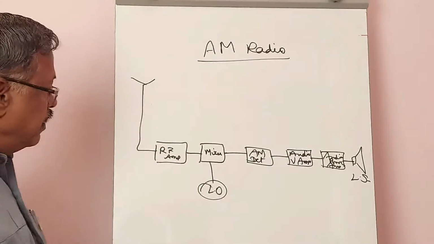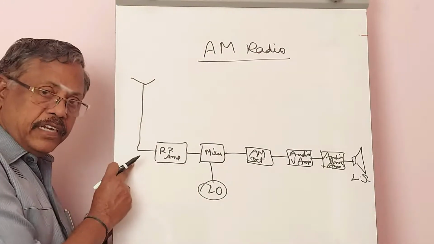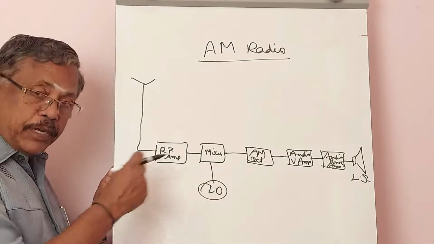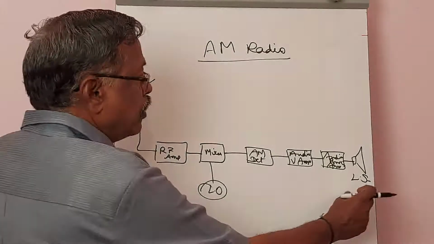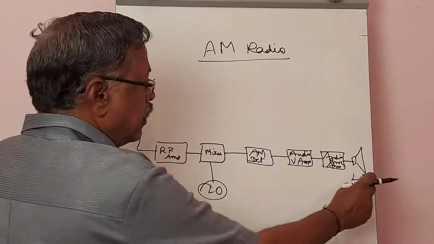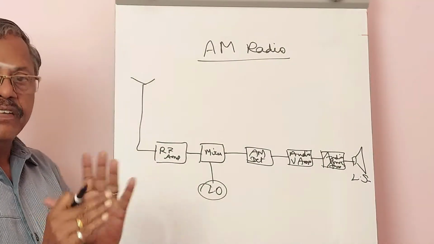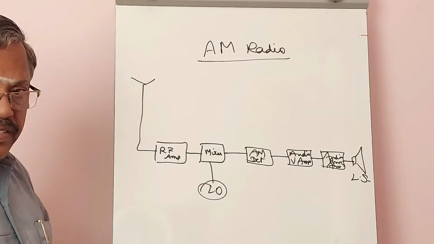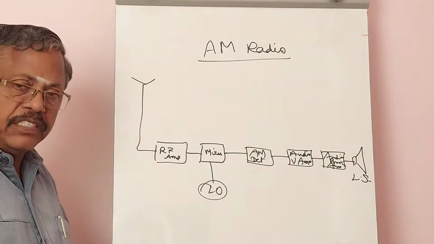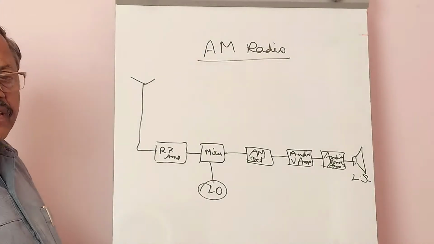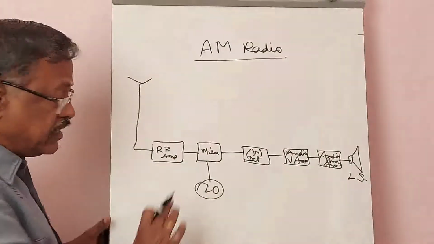We are supposed to receive the modulated signal through the antenna, and we should process the signal, ultimately leading to the audio signal being produced in the loudspeaker. The in-between process is a little hectic. We have to understand that. Unless we understand the frequencies and the process going on inside, it is very difficult to design all these things.